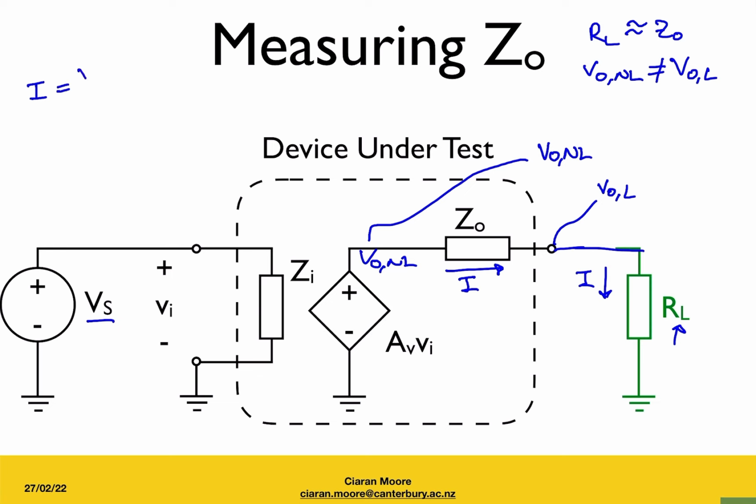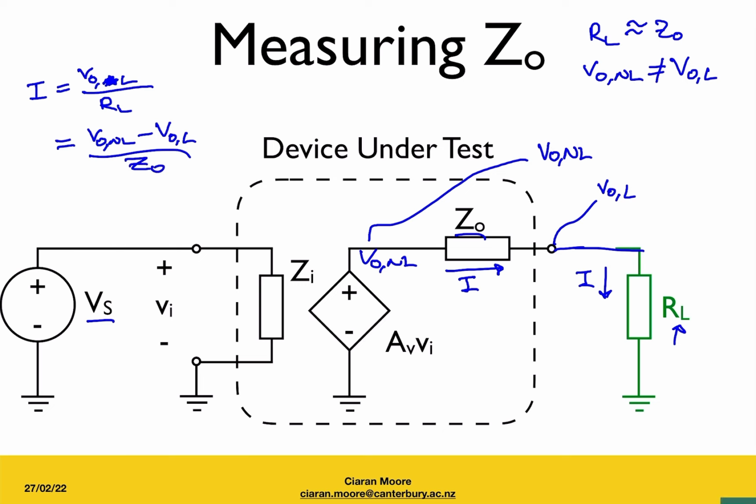That is going to be V out with a load divided by R L. If we have that current flowing through R L, it must also be flowing through Z out. And so we can write an equivalent equation that takes in the voltage drop across Z out, which is V out no load minus V out with a load, divided by Z out, and we get the same current.